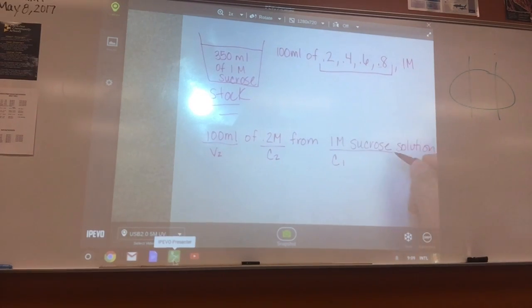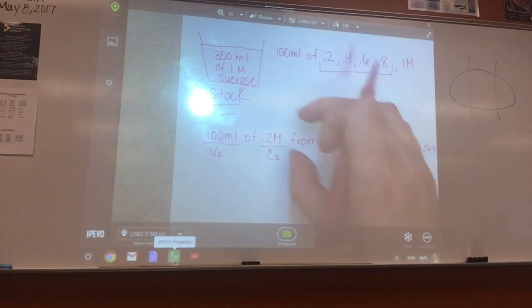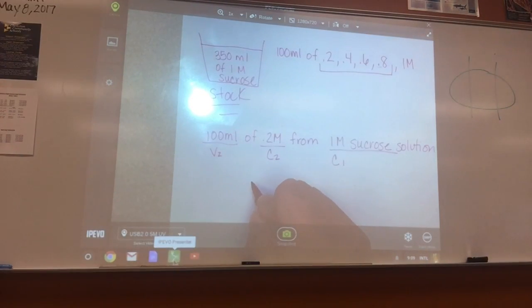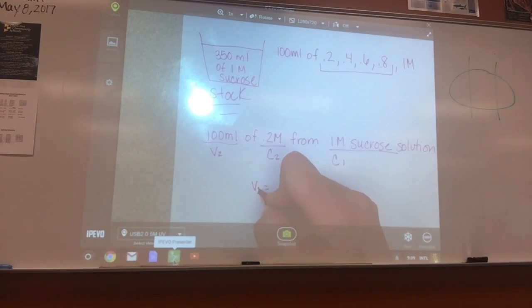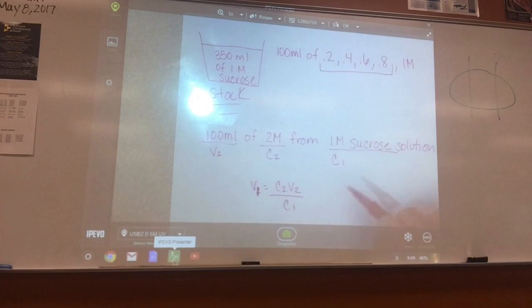What we want to figure out is how much of this we need to dilute. So we're going to solve for V1. Sorry, I was looking at V2 here. V1, we want to know how much of the stock solution to use. So V1 equals C2 V2 over C1.